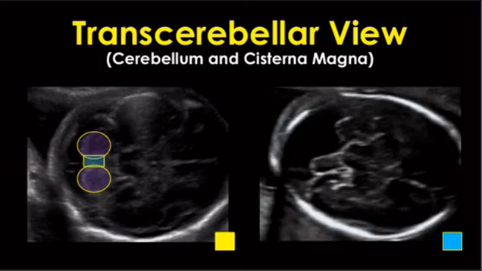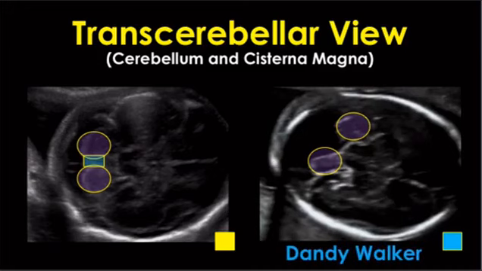That rod is the vermis. So over here we've got a dumbbell and a dumbbell, but we don't have the rod in the middle, so there's no vermis. Vermal agenesis is the crux of the Dandy Walker, right? So that's how Dandy Walker is shown on a fetal ultrasound.